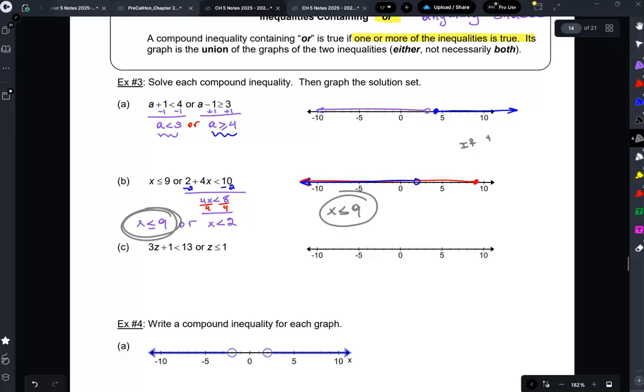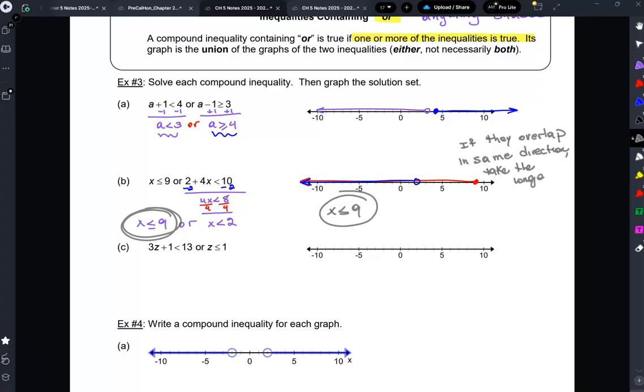If they overlap in the same direction, take the longer one. This is like level up from before.